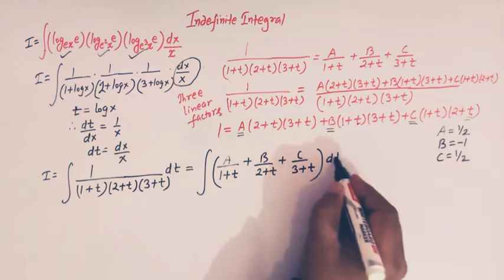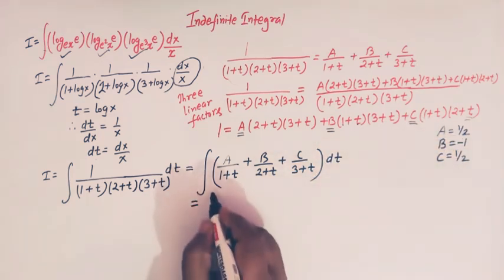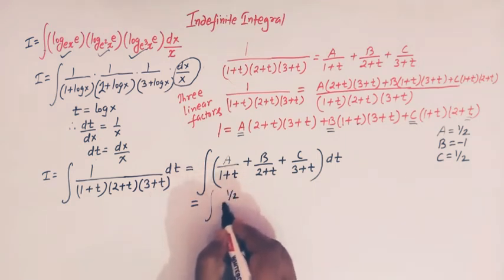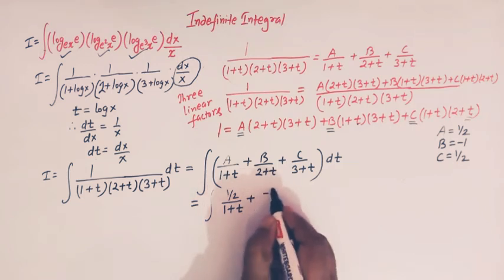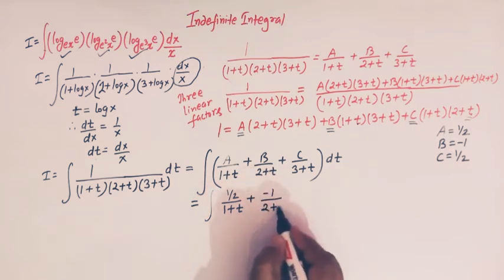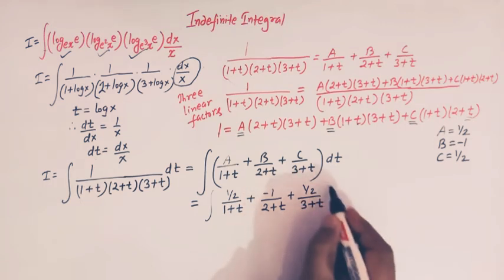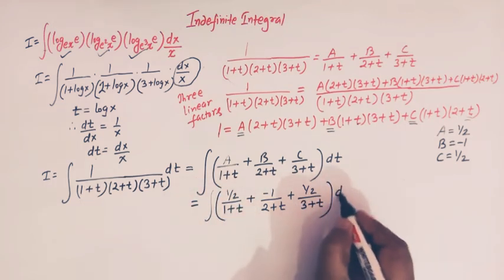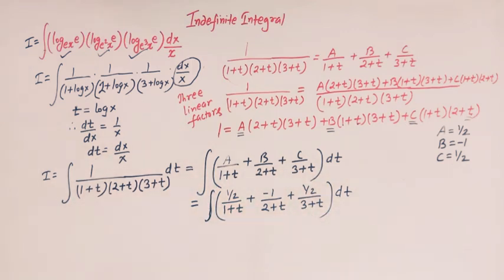And here we have dt, and now we have just obtained these values. So now we can substitute them here, and we have this expression, and we can now integrate, or we can find out the value of this integral very easily, right?